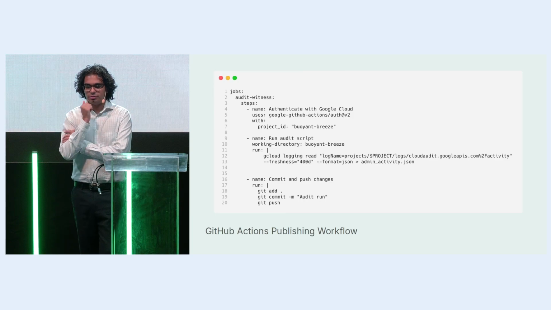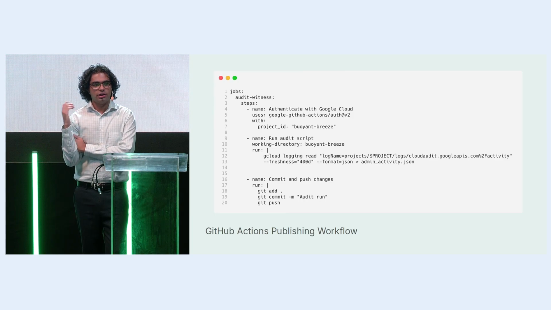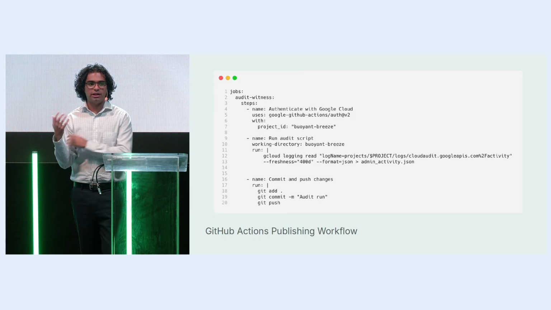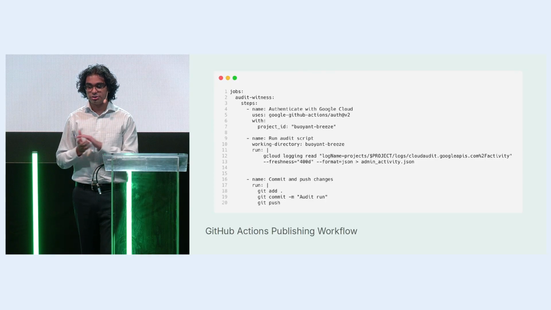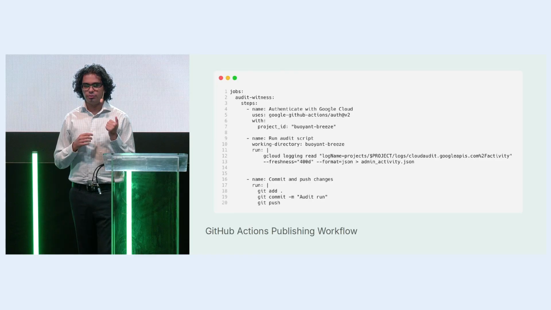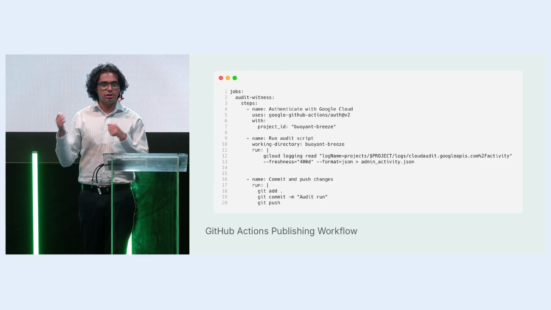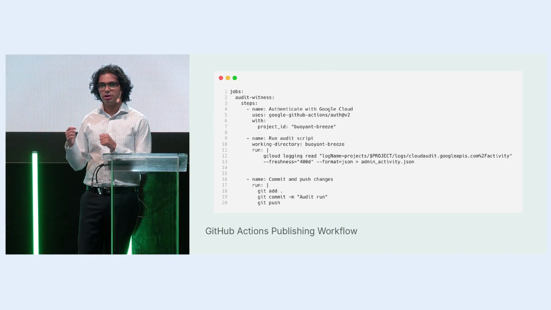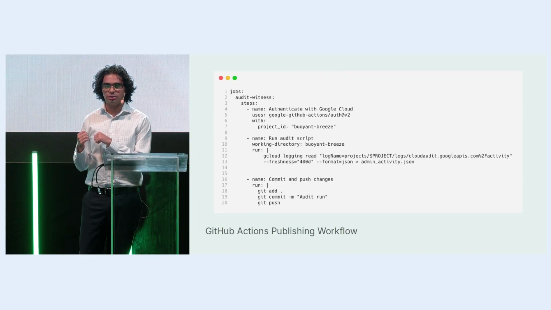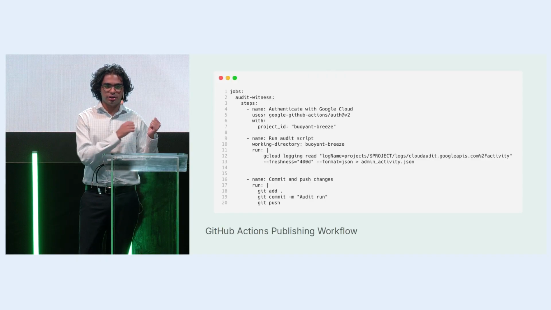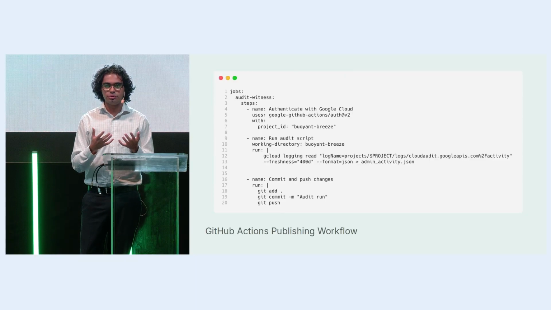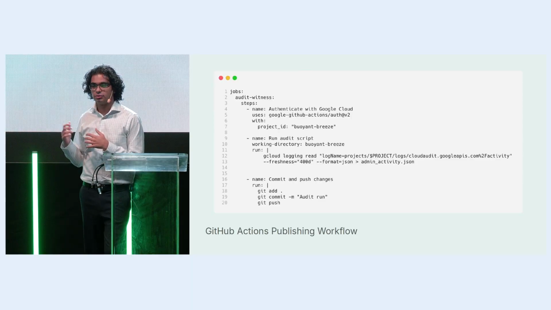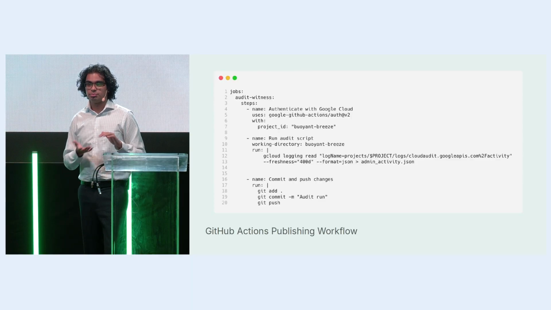Now, finally, there needs to be some way for an outside observer to actually check that all this is configured correctly. And this is not super complicated. What we do is we pull audit data and a bunch of other data about the state of the project within a GitHub Actions workflow, and then publish this into a Git repository. This allows you to know that this data was not changed before it was published.